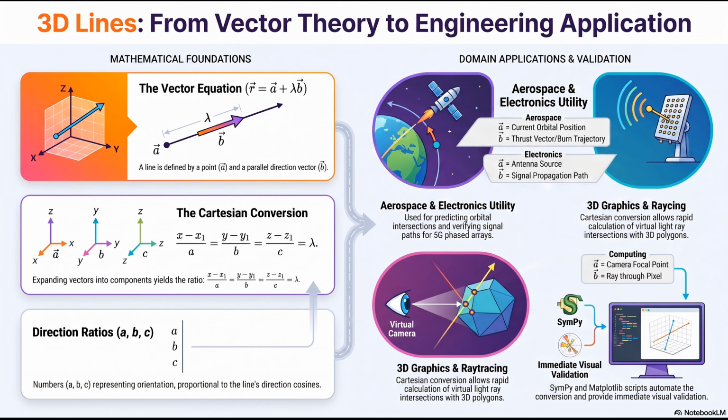Well, that's a great question, and it really comes down to how a mathematical grid actually functions. If you just have a raw angle floating in space, it doesn't give a computer any actionable data relative to its environment. The angles alpha, beta, and gamma represent the specific angle the line makes with the x, y, and z axes, respectively. Okay, so it's about its relationship to the whole grid. Exactly.